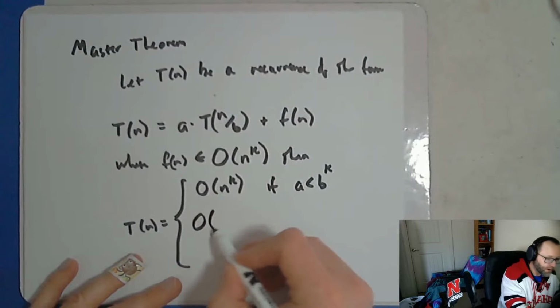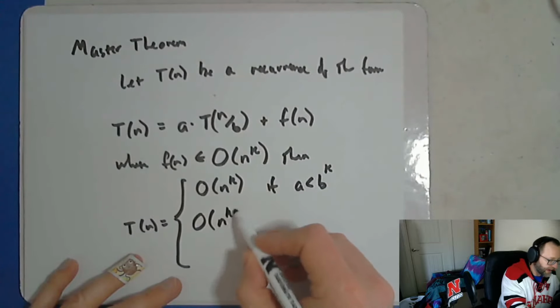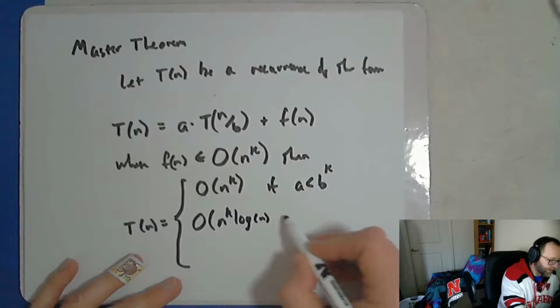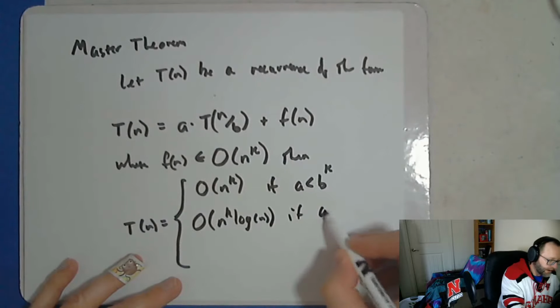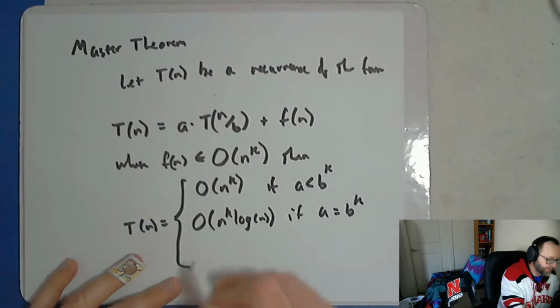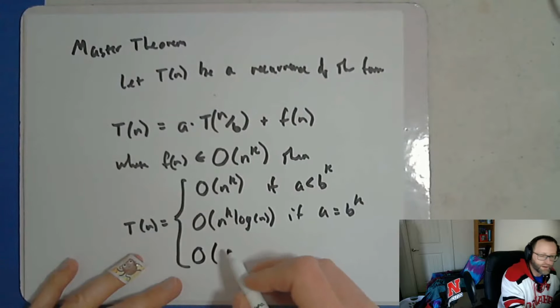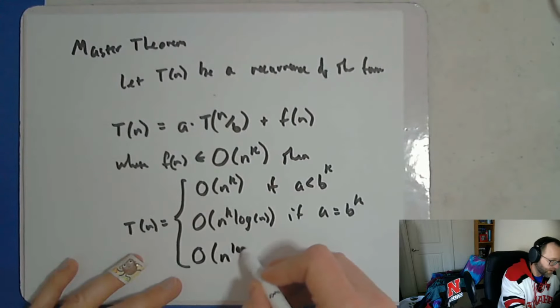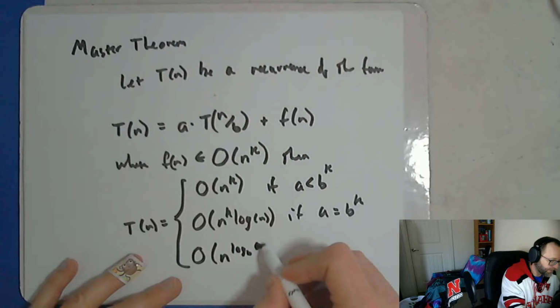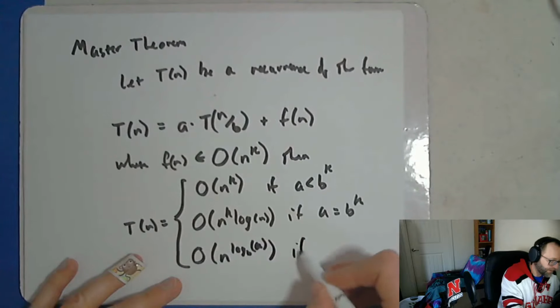It's going to be order n to the k log n if a is equal to b to the k. And it's going to be order n to the log base b of a if a is greater than b to the k.